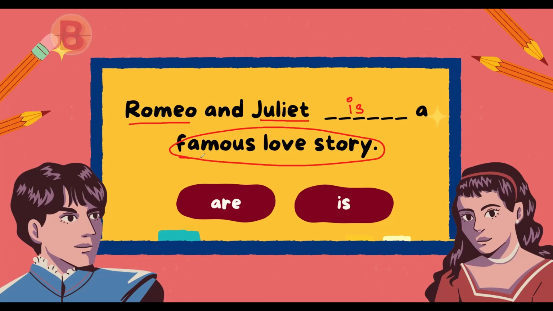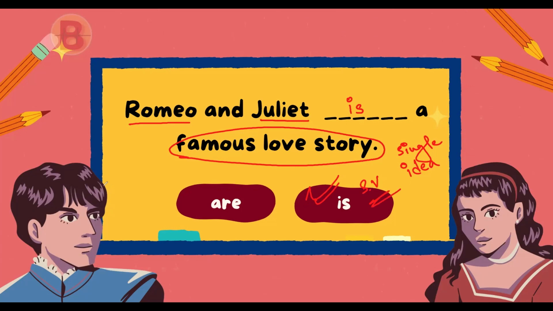And though Romeo is a different person and Juliet is a different character in the story, together they're talking about a single idea, which is a famous love story. That's why, because they're talking about a single idea, we are going to use what? Remember, we'll use a singular verb.